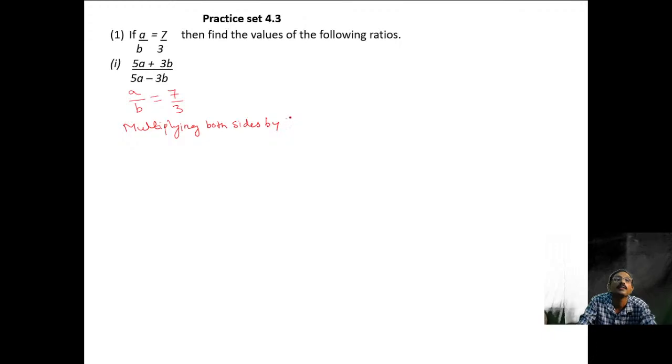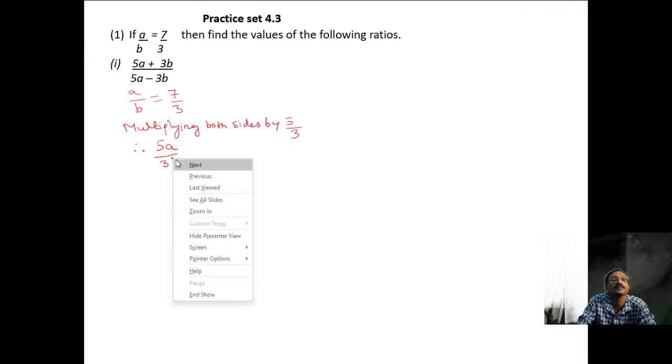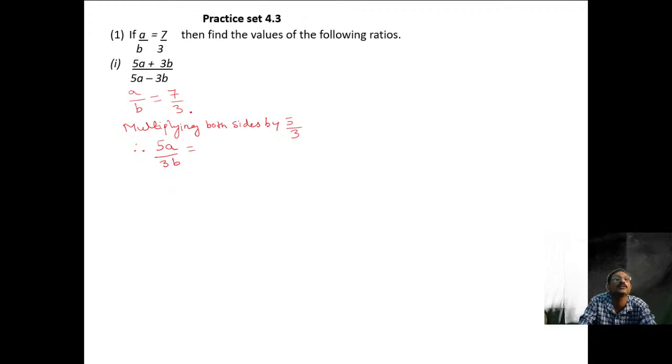I will get 5a upon 3b, which is equal to 5 sevens, which gives me 35 upon 9. Multiplying both sides, now what I got is 5a upon 3b is equal to 35 upon 9.